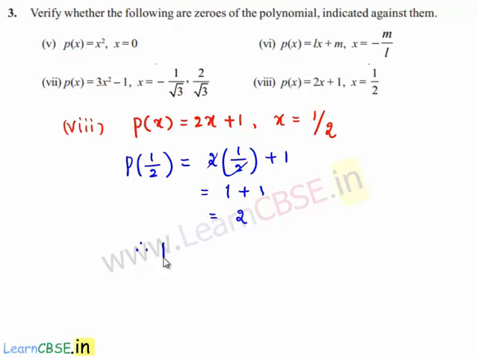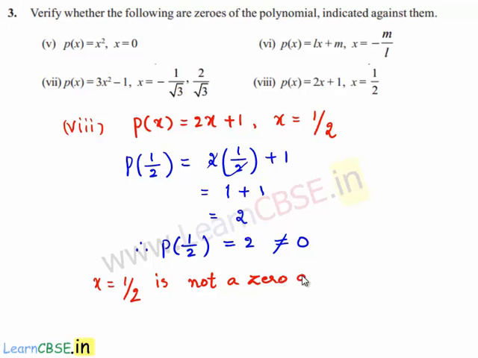Therefore, p of 1 by 2 is equal to 2, which is not equal to 0. By the definition, we can say that x is equal to 1 by 2 is not a 0 of the polynomial. This is because p of 1 by 2 is not equal to 0.